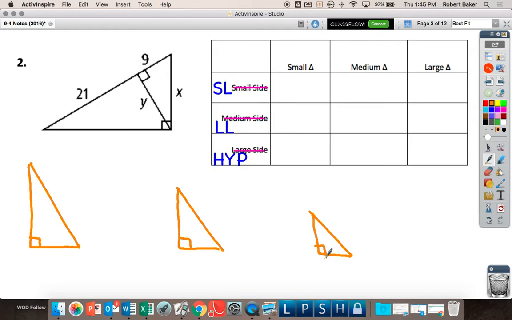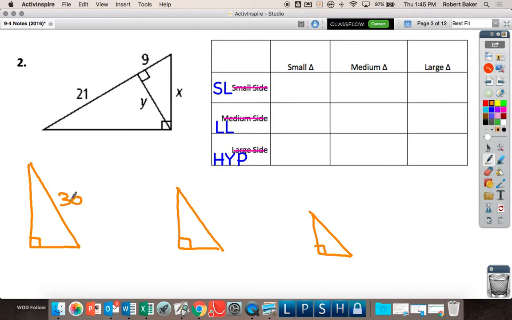The big right triangle. How long is the hypotenuse for the big right triangle? 30. Well done, math kids. Now, how long is the short leg?